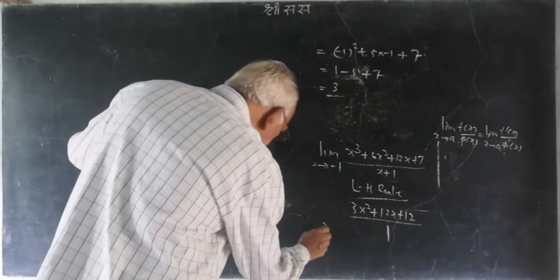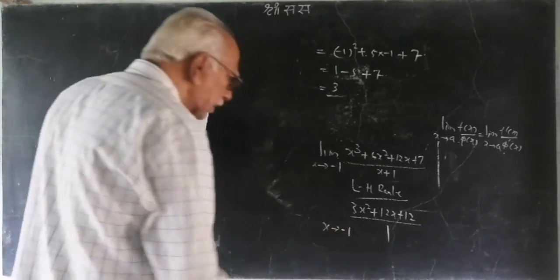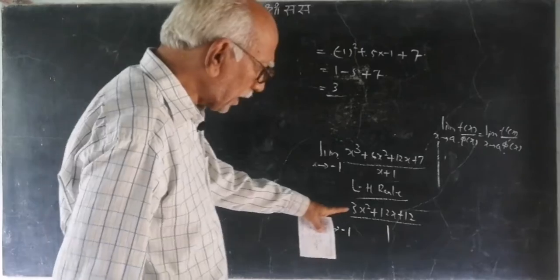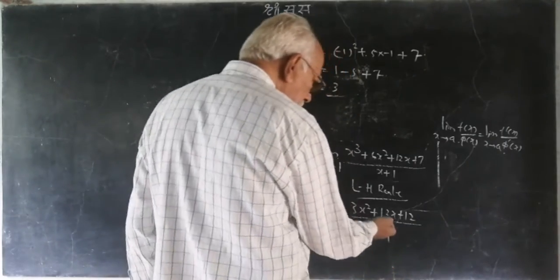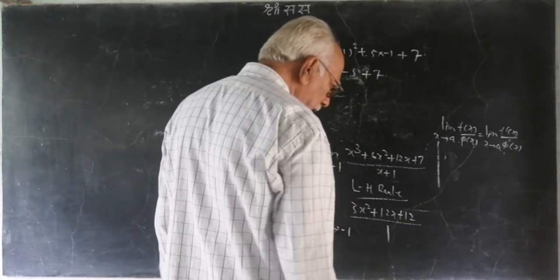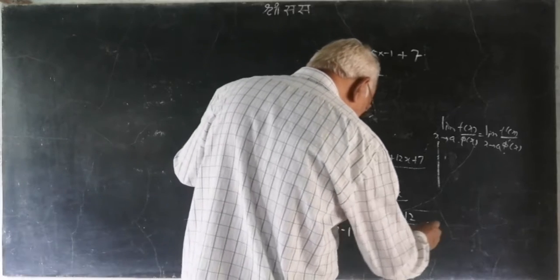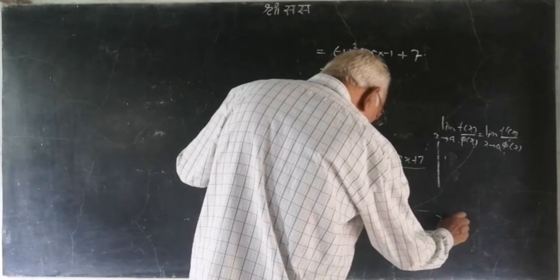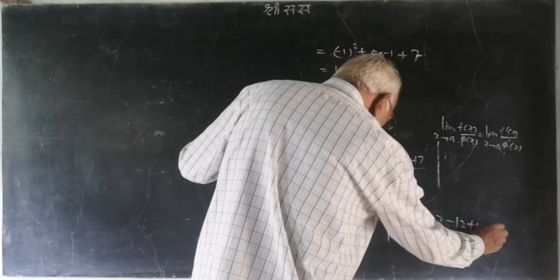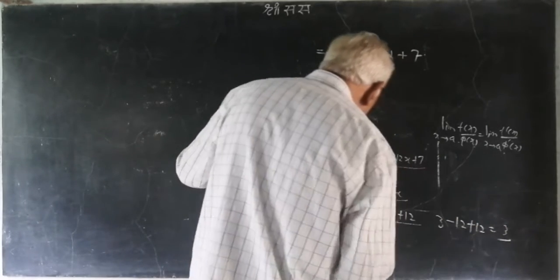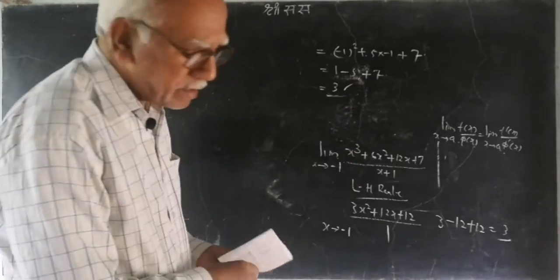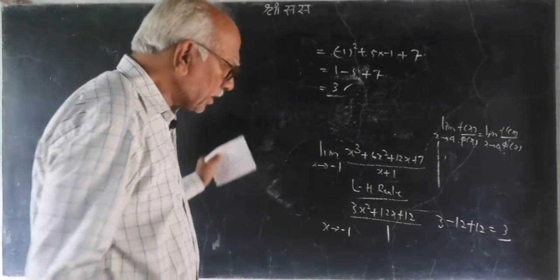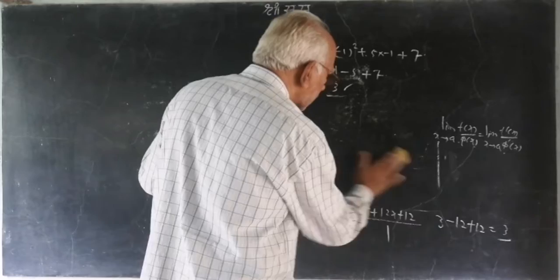And what is our limit? As x tends to minus 1. So, now if we put minus 1 here, because here we will not get 0 by 0, minus 1 square is plus 1, it will be 3, and minus 12, and plus 12, and our final answer will be 3, same as this one. So, it is done in CET, it is not for first year.